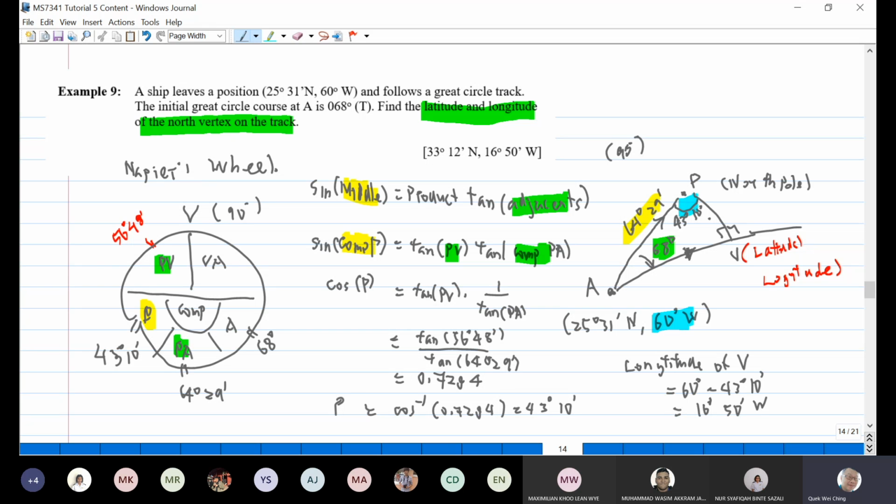Okay, so now you know that you can answer the question now. So we find the location of V, right down here. The longitude is 16 degree 50 minutes west.